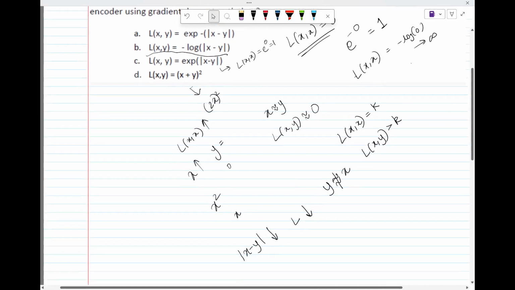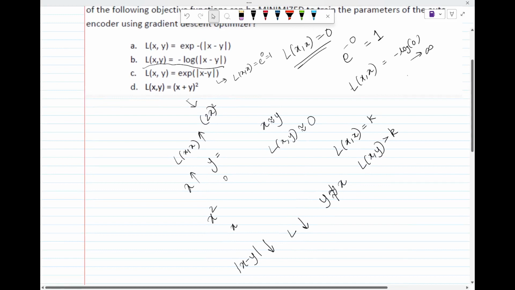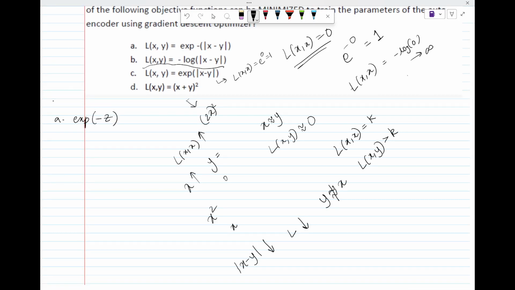So in the A option, what we have is A is exponential of minus z, let's say x minus y is equal to z. Then e power minus z is something like this, right?